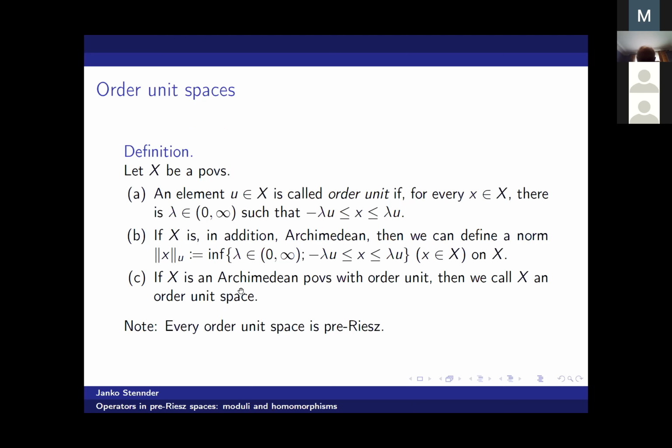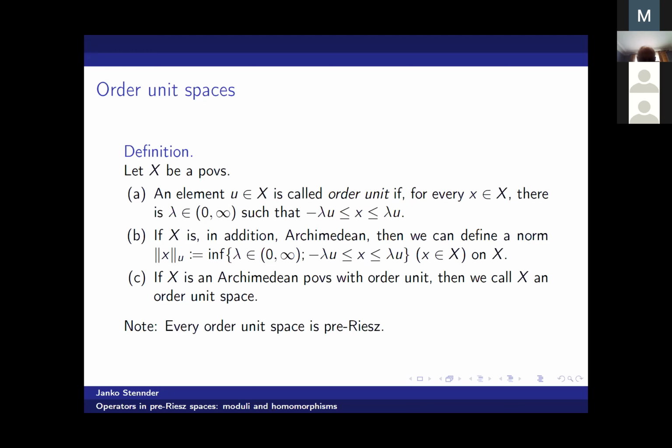Such a space, which is Archimedean and has an order unit, will be called an order unit space. And it is easy to see that every order unit space is actually a pre-Riesz space because it's Archimedean and directed.